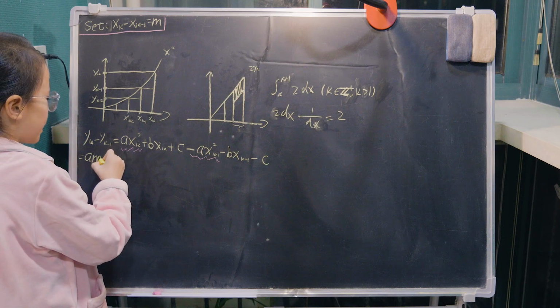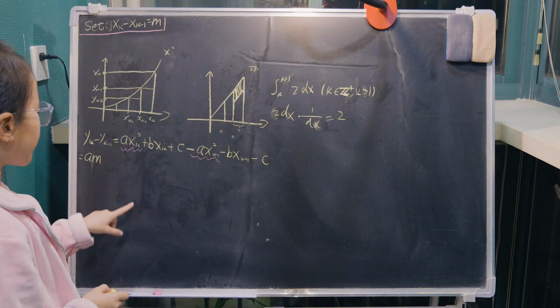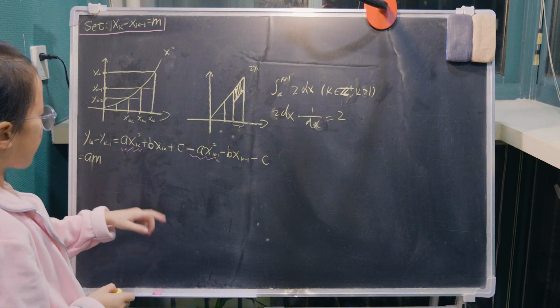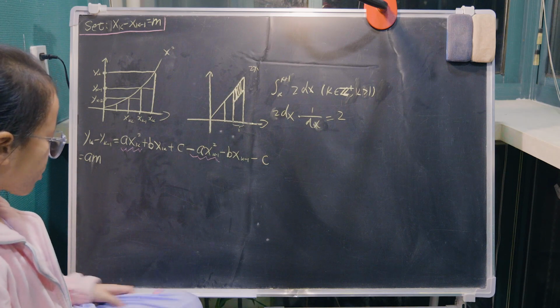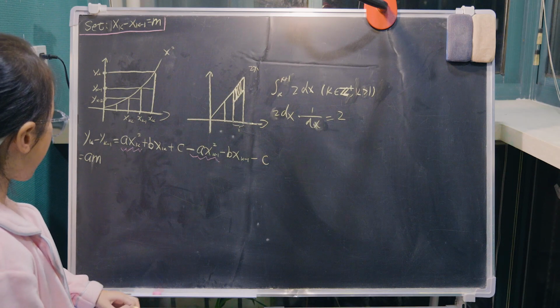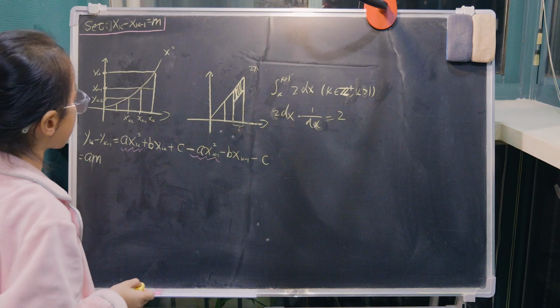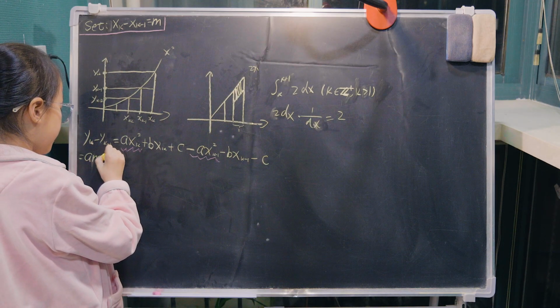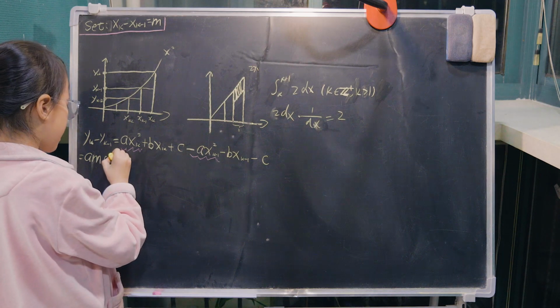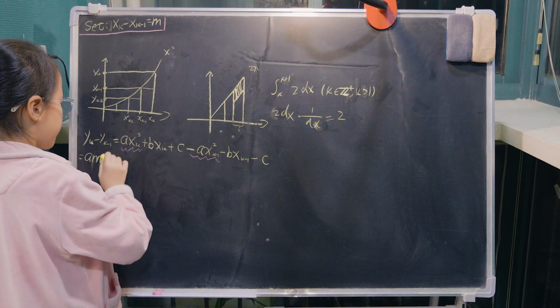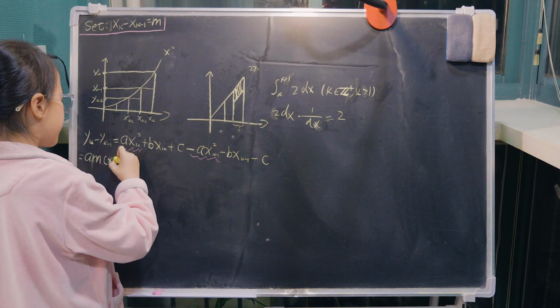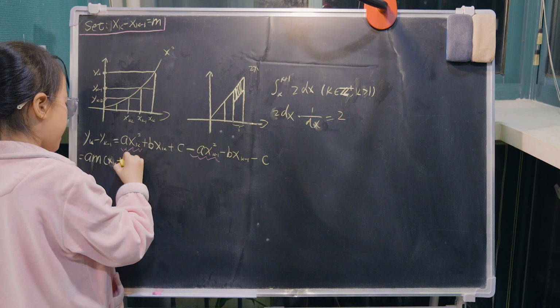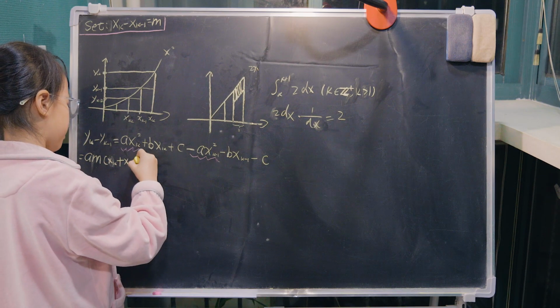So in these two parts, one of them is xk minus xk minus 1. So this is m, right? So am, and then times bracket xk plus xk minus 1.